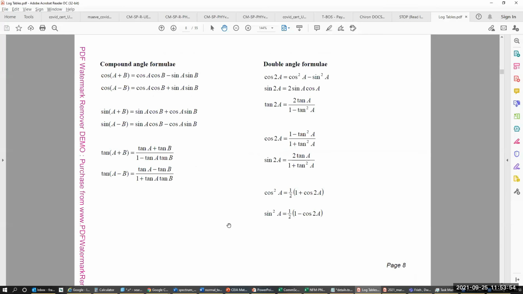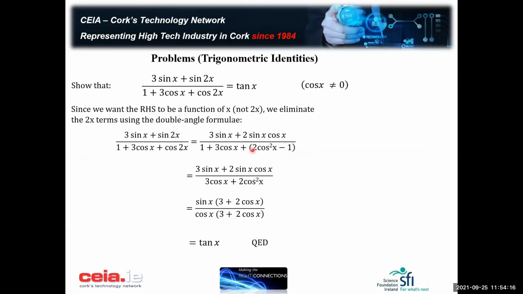Going back to the formula tables here, this is the cos of 2a. This one isn't suitable, but if you replace the sine squared by 1 minus cos squared, you get this version of it, which has cosine only in it.